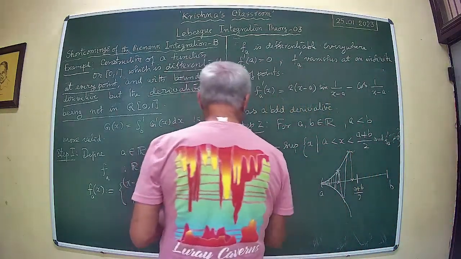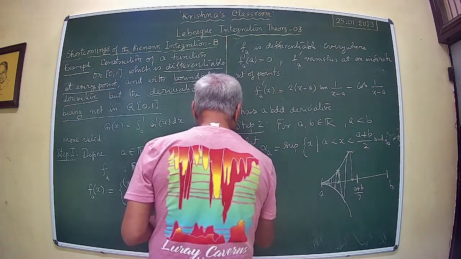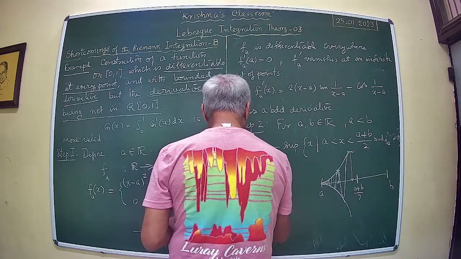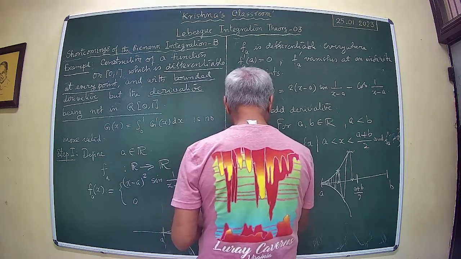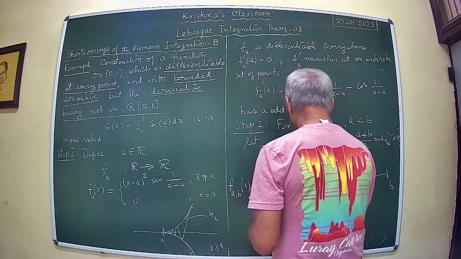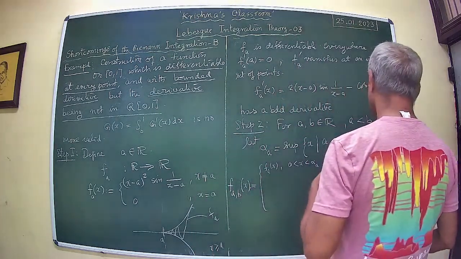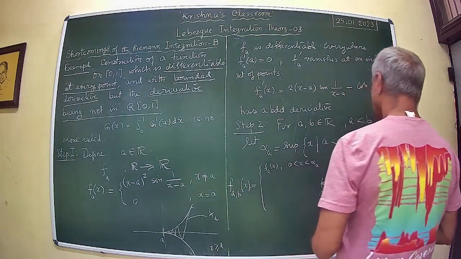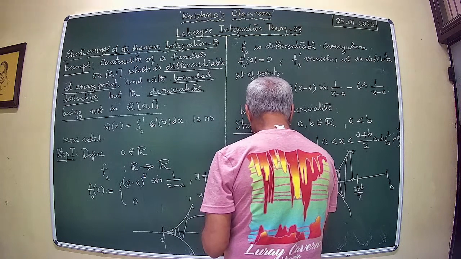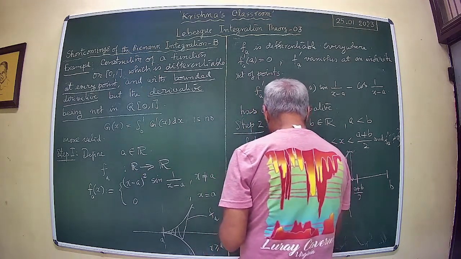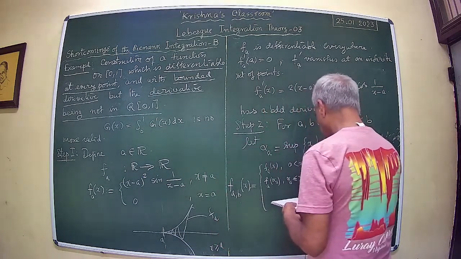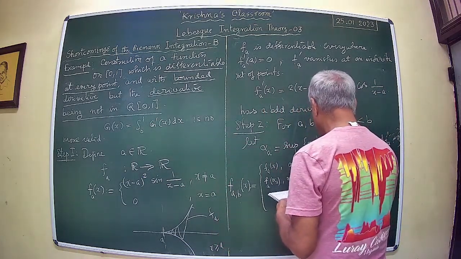Now we will define the function f_ab. That means it is going to be defined on the interval ab. x you define by the following: f_a(x) on a less than x less than alpha_a. And f_a is a constant function alpha_a on the interval alpha_a less than or equal to x less than or equal to b minus (alpha_a minus a).